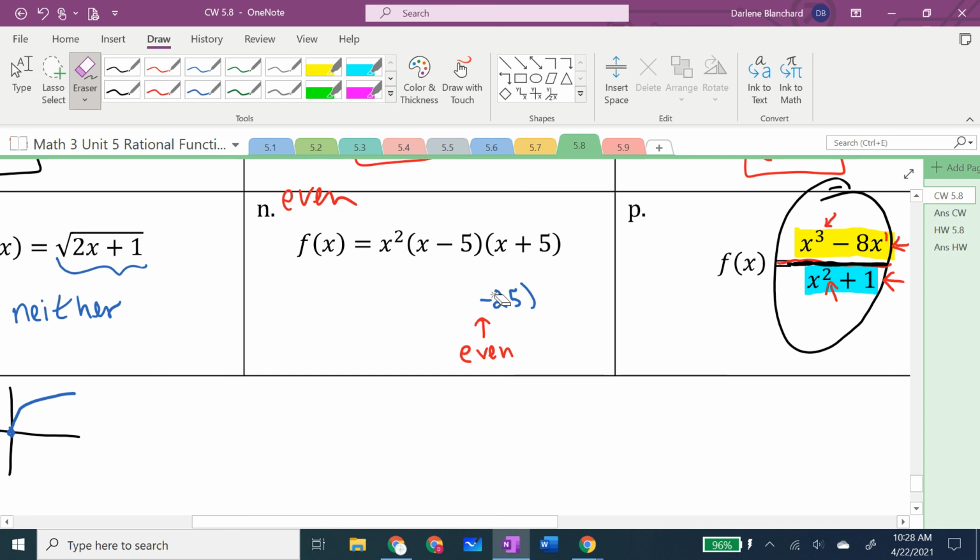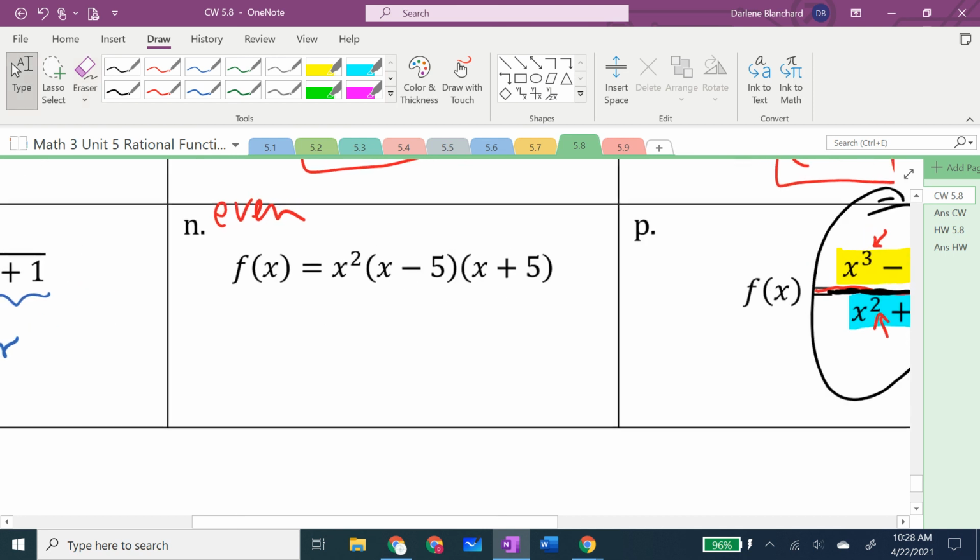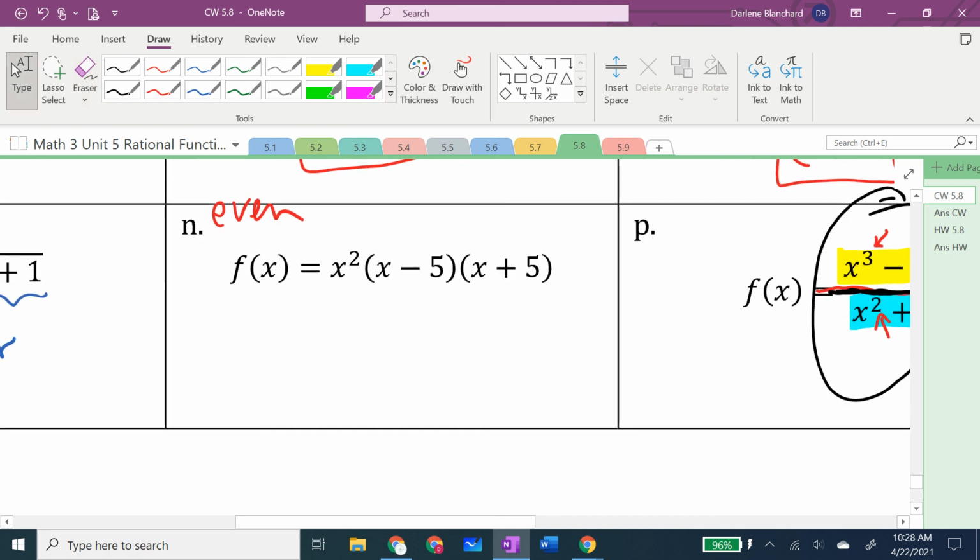The long way of testing even versus odd, and I just want to expose you to this. If you're planning on going into intro to calculus or heading in that direction, pay attention right now. Otherwise, this isn't an issue for you to worry about. If I replace every x with a negative x, I can simplify and see what happens.